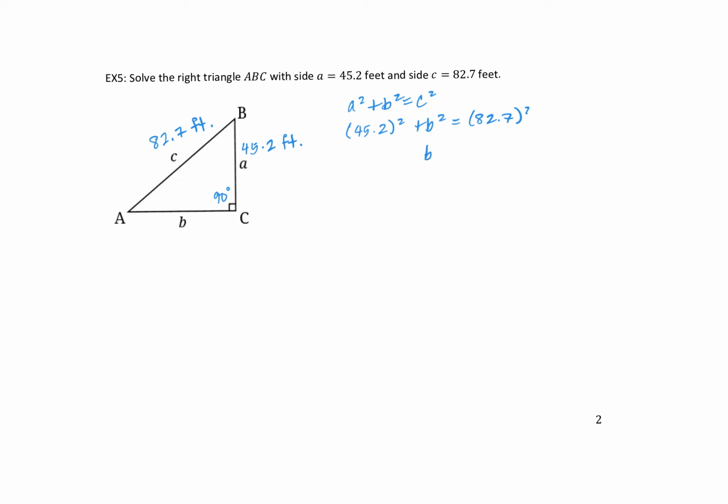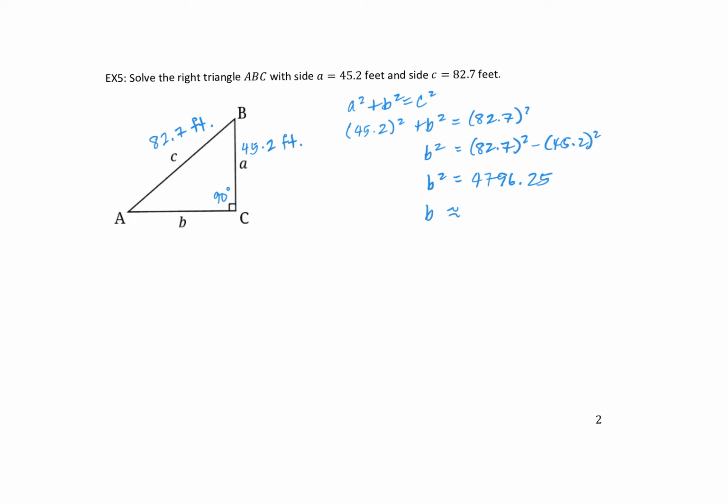So our B squared is going to be equal to 82.7 squared minus 45.2 squared. And then when I put that in a calculator, it gives me an exact number, 4796.25.